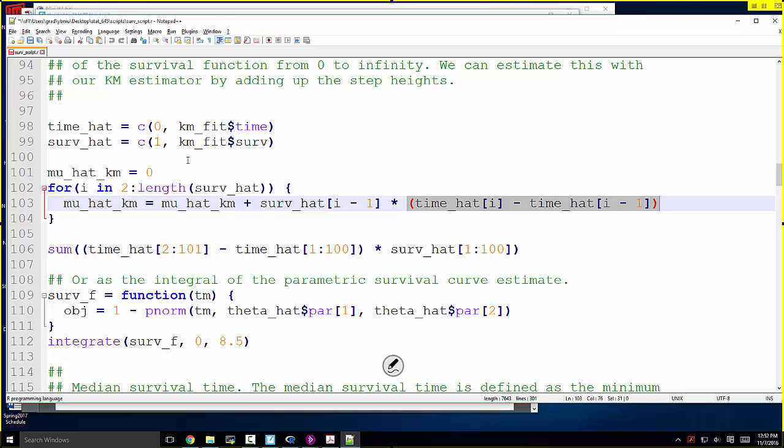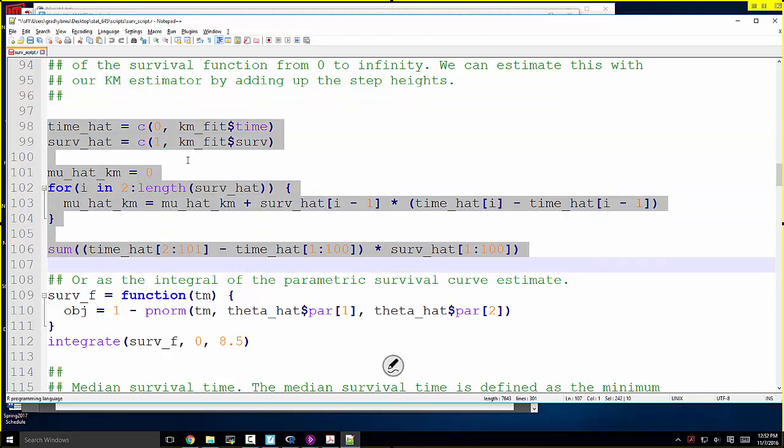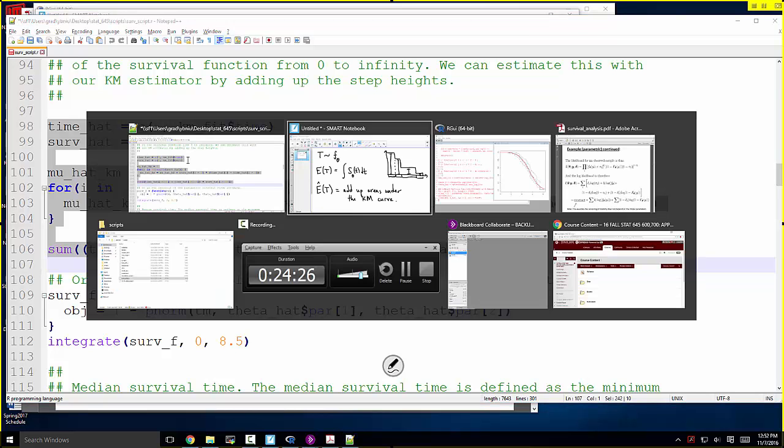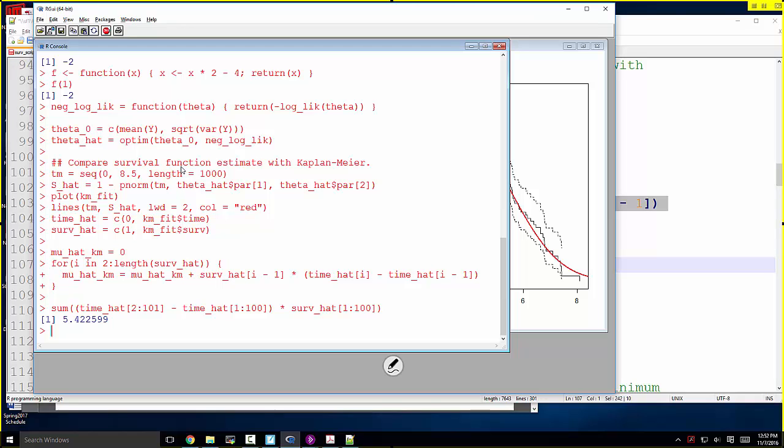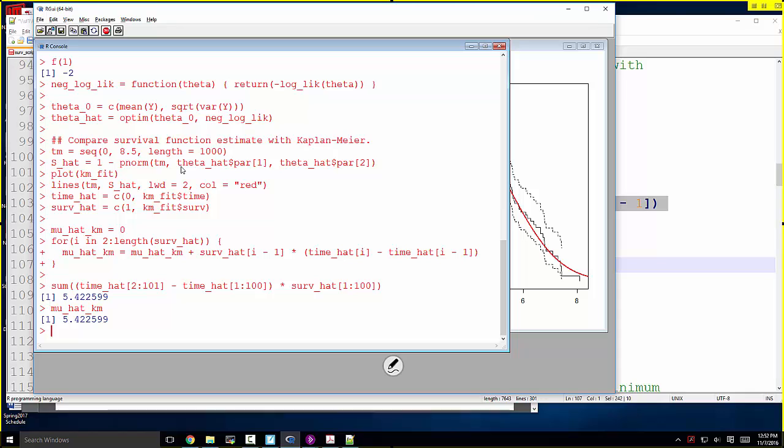So we're just working our way from the left all the way across the Kaplan-Meier curve, height of each rectangle times width of each rectangle. The last highlighted line is a shorter version of the same thing. But either way we do it, we have an estimated average survival time of 5.423.